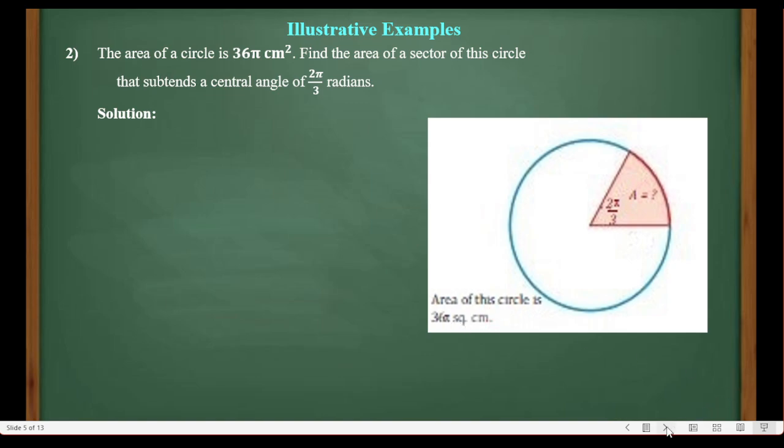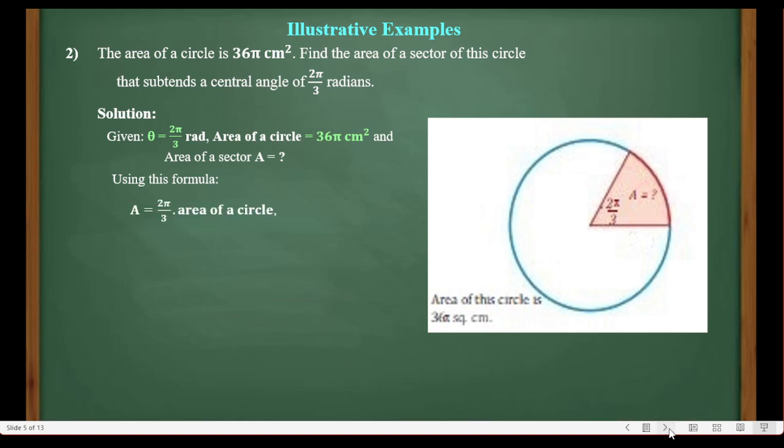So what would be the formula? Again, the given information from this problem is the measure of the central angle, which is 2 pi over 3, and the area of the entire circle, which is 36 pi square centimeters. So what would be the area of the sector? The area of the shaded portion of the circle. Okay, so actually we have a formula.